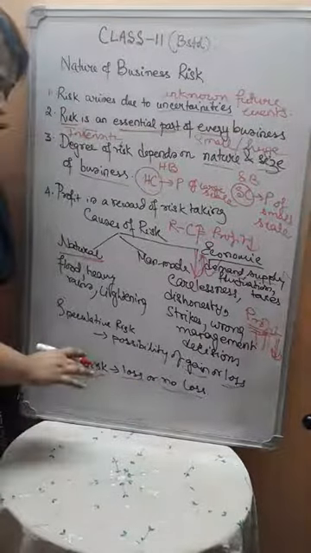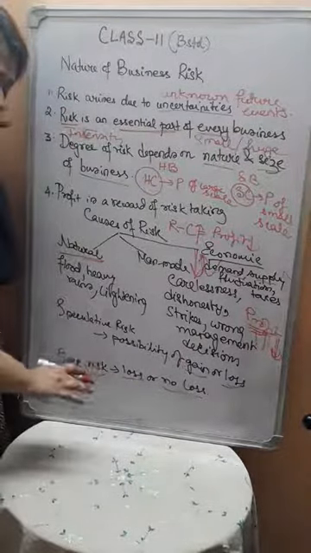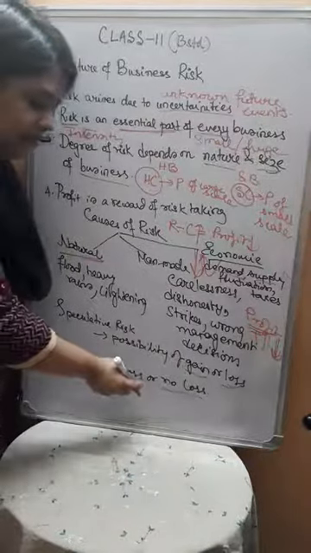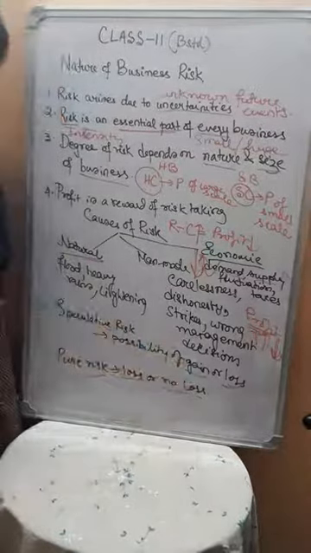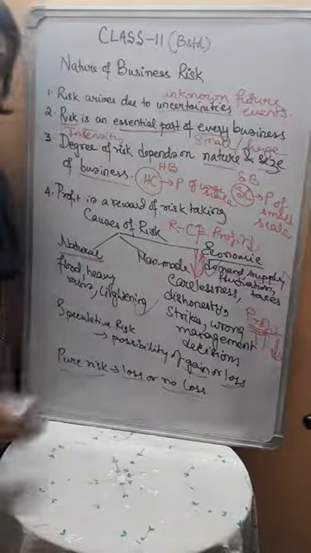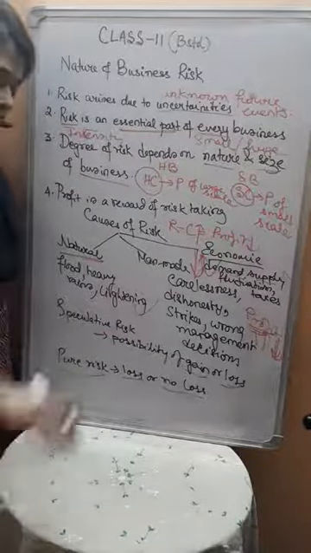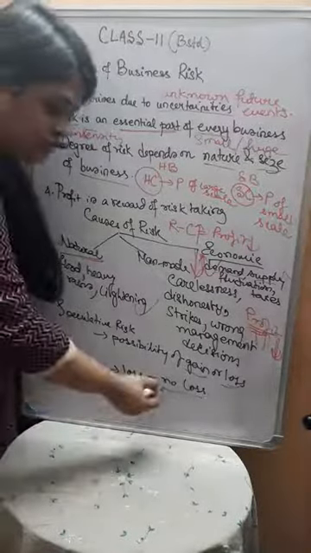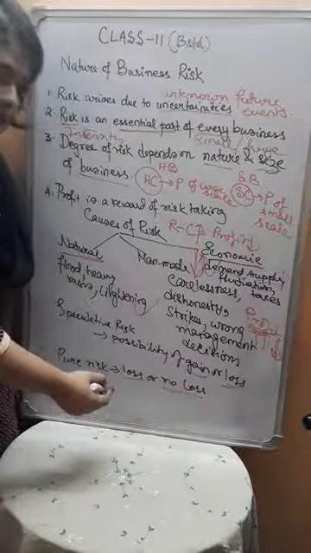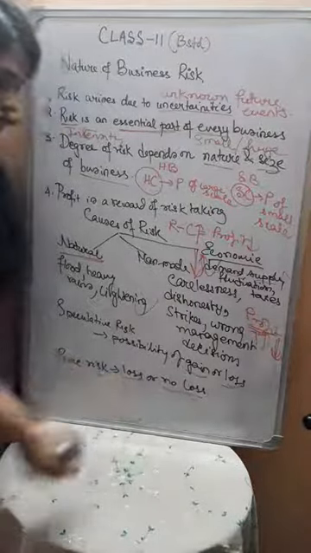So there is no promising gain at the end, but either you lose or you do not lose. For example, lightning or power cut. If a power cut doesn't happen, you are not losing. If a power cut takes place, then the business house is losing.